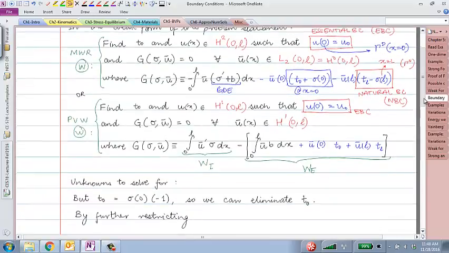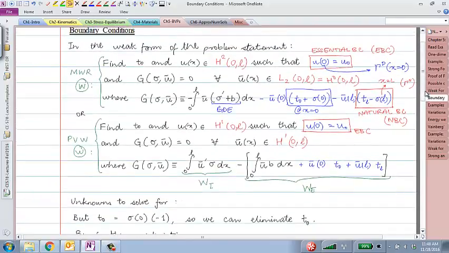in order to further simplify this weak form of the problem, you notice that we are saying find the reaction and find the displacement function, which is not completely necessary. If I know the displacement function, then can I find the stress function?